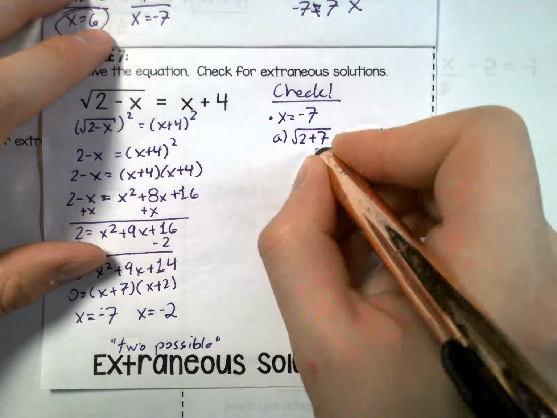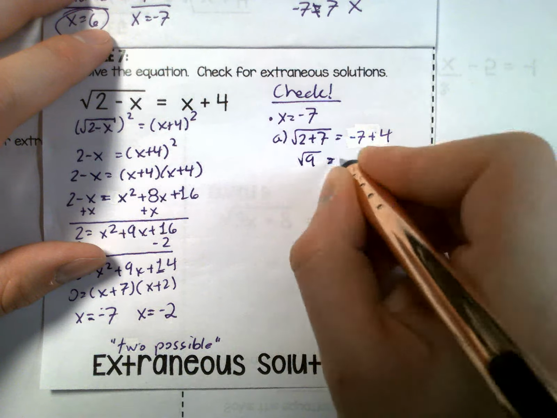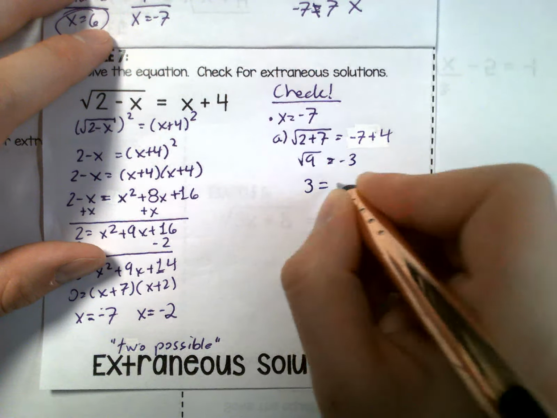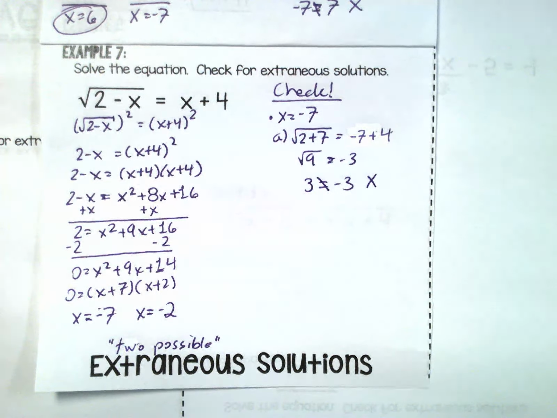Okay. 2 plus 7 is going to give me the square root of 9. Negative 7 plus 4 is going to give me negative 3. That gives me 3 equal to negative 3. No, it does not, so it fails. It's not that. Let's try the other one.